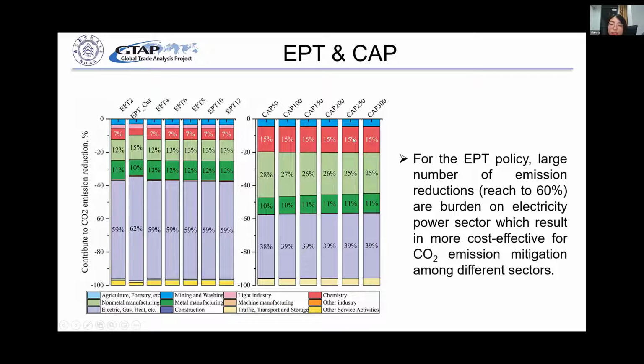And these two sectors are more costly than the electricity sector. So the environmental protection tax is more cost effective than the carbon pricing. And this result also indicates that the coverage of sectors will significantly impact cost.